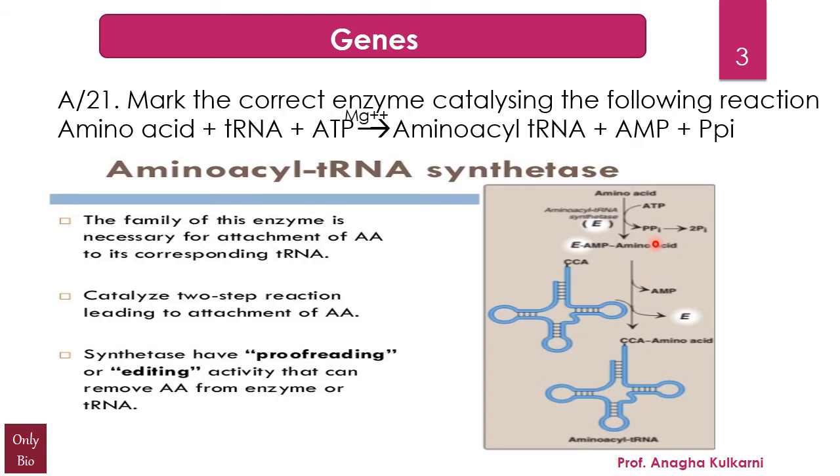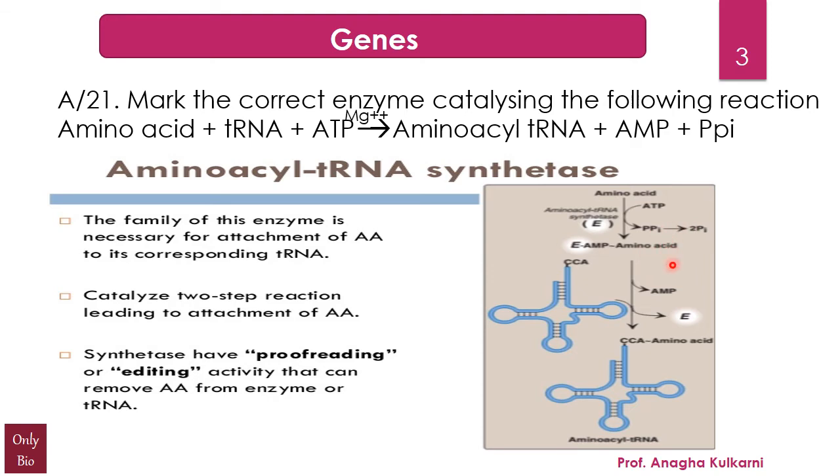So the adenylate amino acid complex that forms then binds the appropriate tRNA and the amino acid. This mechanism can be given as, the first reaction is amino acid reacting with the ATP to form amino acyl AMP plus inorganic phosphate that is released here.